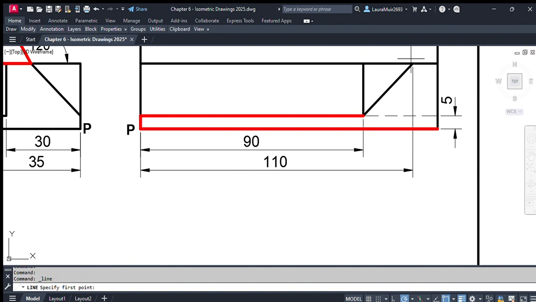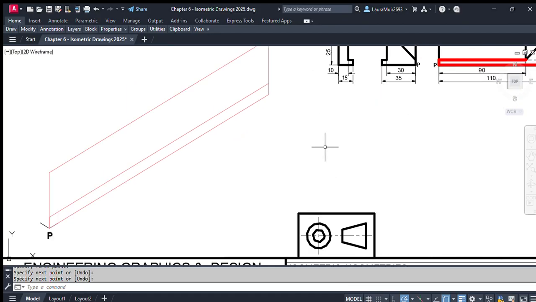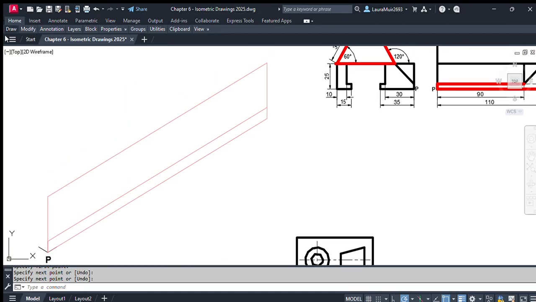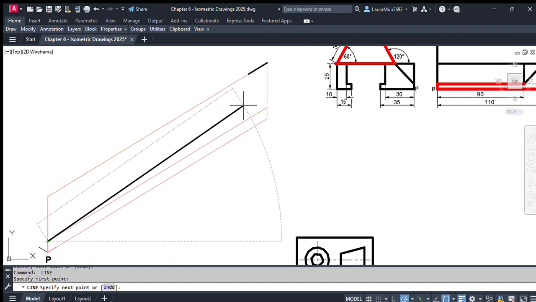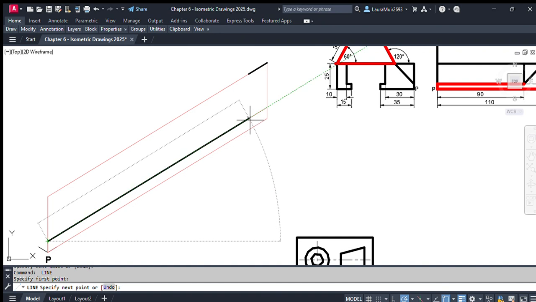So what that means is that is 10 millimeters. So I'm going to go here and change my layer so I don't make a mistake. That is 10, that we said was 90.